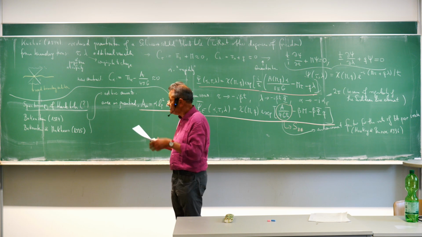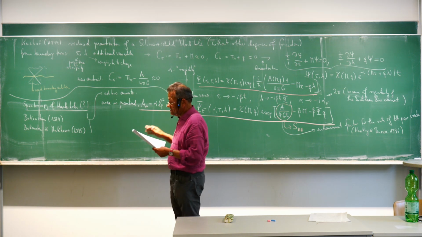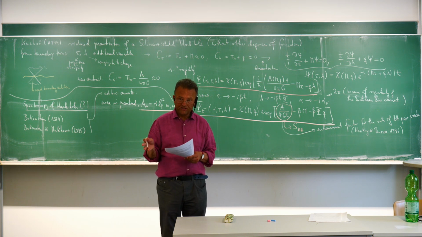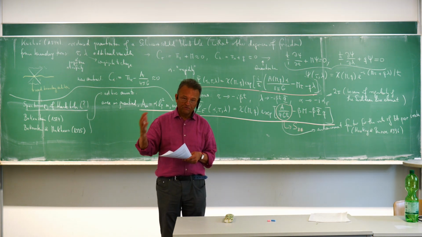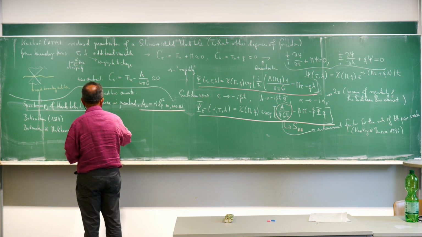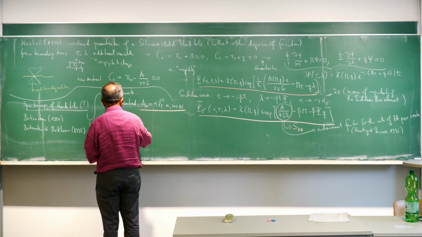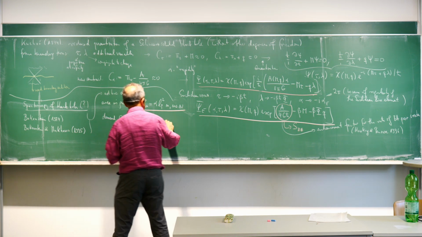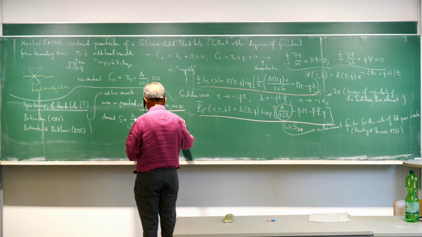So the energy state that corresponds then to n, we assume it to be degenerate and to have a certain multiplicity that we then demand to be equal to the entropy. So demand that the entropy, which is what we want to understand, A over 4 L_P squared, which is S_BH, plus potentially some constant, is equal to the logarithm, ln g(n).